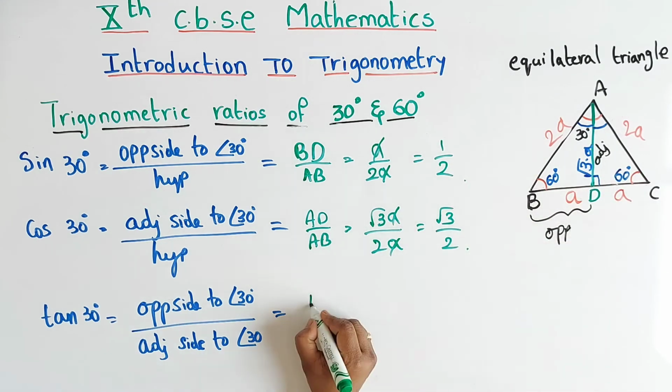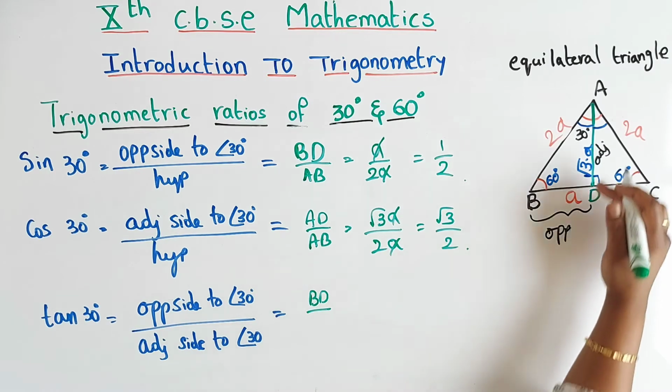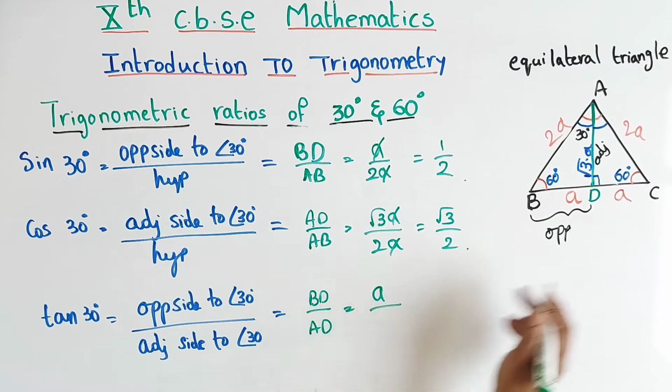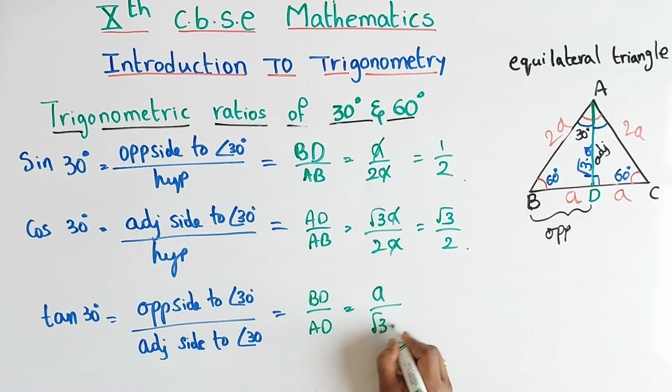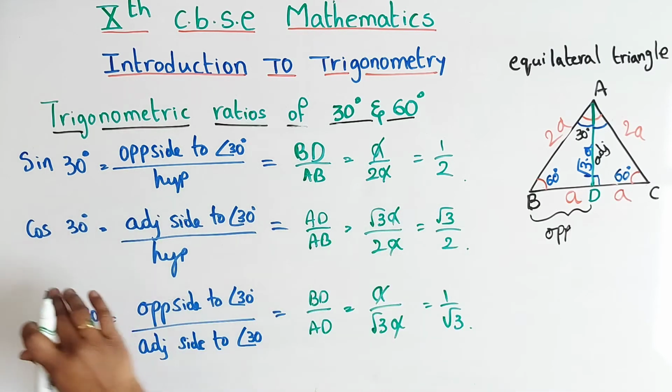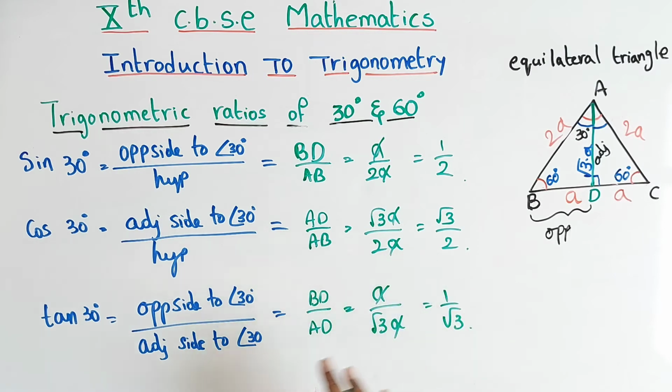That is BD divided by adjacent, this one, AD. A by root 3A. Correct, children? So A and A will get cancelled, 1 by root 3 here. Sin 30 is 1 by 2, cos 30 is root 3 by 2 and tan 30 equal to 1 by root 3. We know how to find out cosecant, secant and cot theta. Correct?